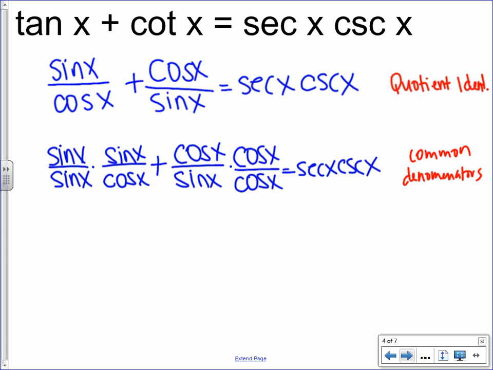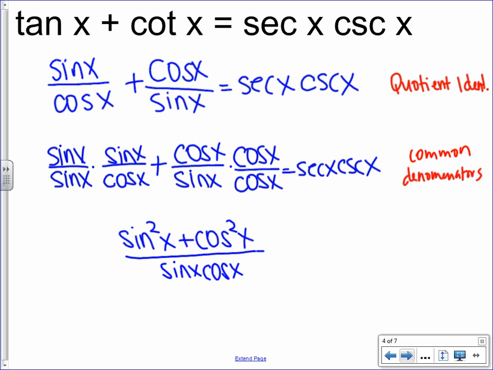And once we have common denominators, what can we do with our fractions? We can add them together. So what we have is sine squared plus cosine squared over our common denominator. So we combine fractions there.